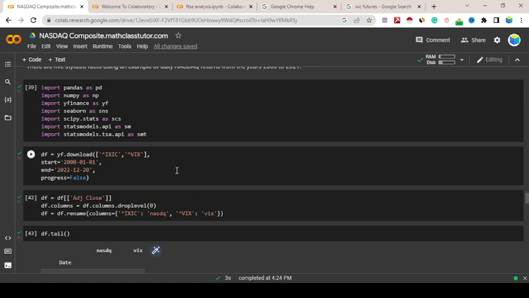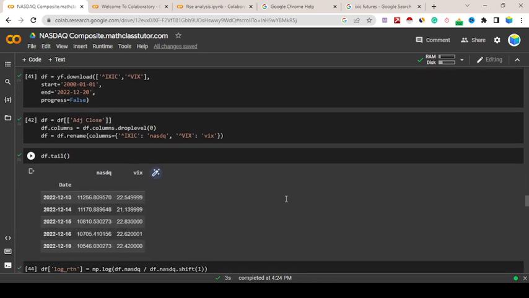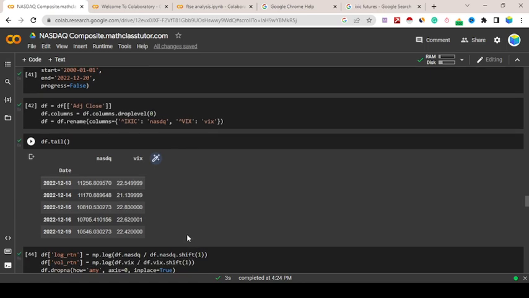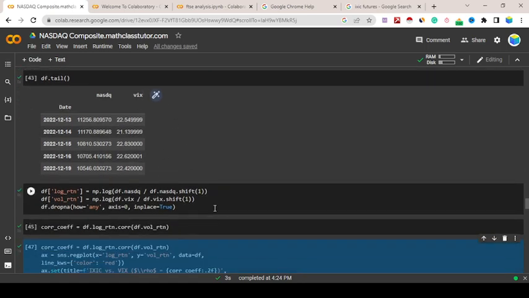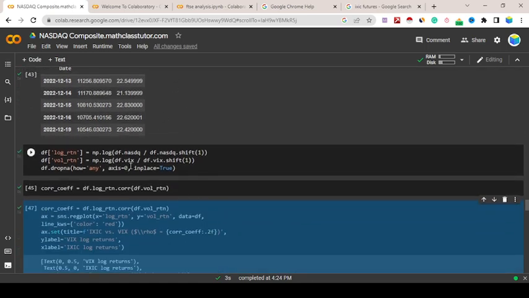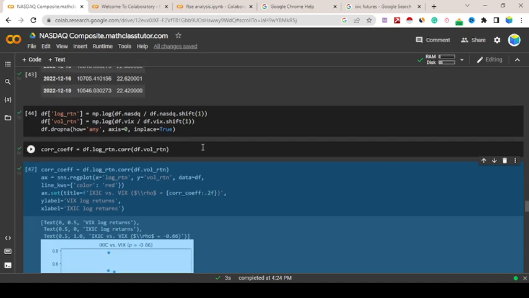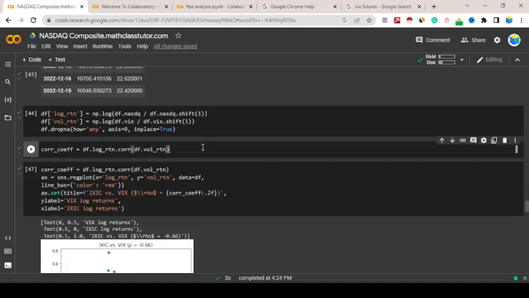Similarly we are going to compare with the VIX. So NASDAQ, and what is the relationship between the VIX and NASDAQ? This is a very important way to understand this market. So for NASDAQ and VIX, I have taken both columns together. Now the log return we have already discussed, and we are going to get the correlation between both of them.